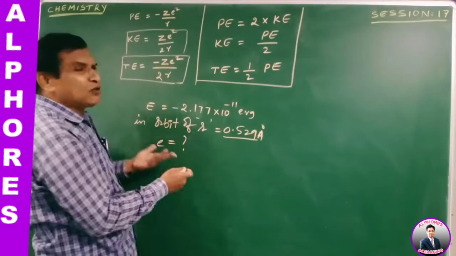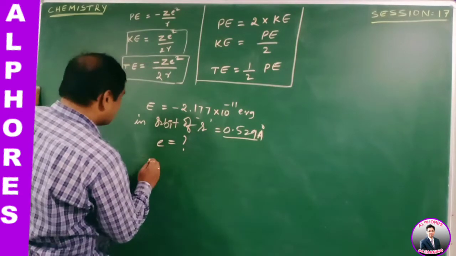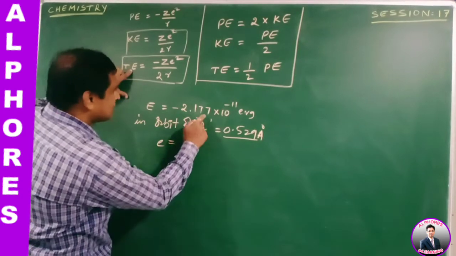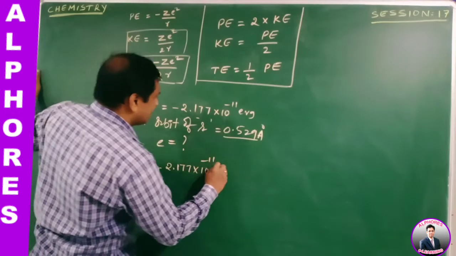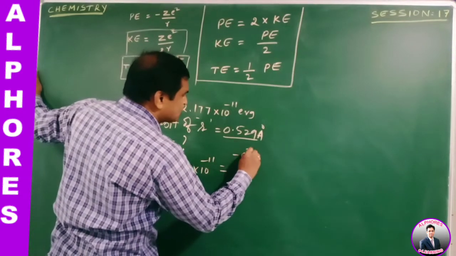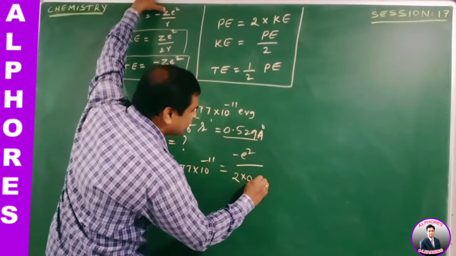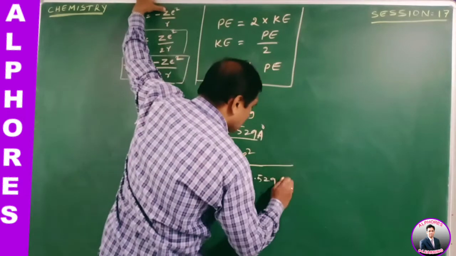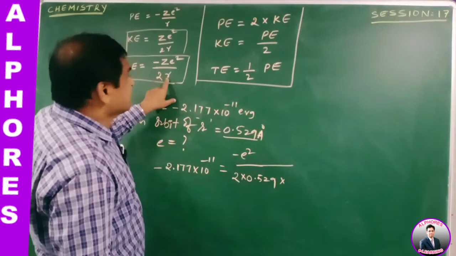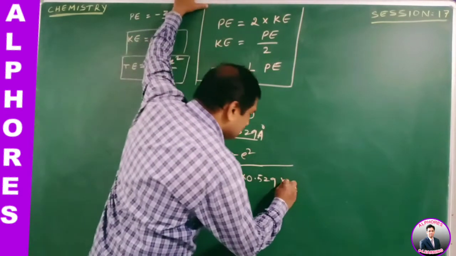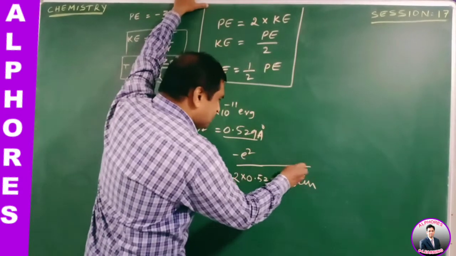Z is nothing but one for the hydrogen atom, so it doesn't make much difference. Now you have to calculate. Energy is equal to minus 2.177 into 10 to the power minus 11, which equals minus E square by 2R, with R as 0.529 angstroms. This energy is given in ergs, therefore the radius must be in centimeters, so 10 to the power minus 8 centimeters. This is the data we have to consider.